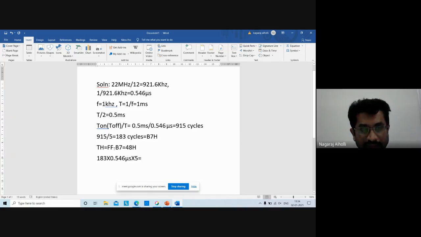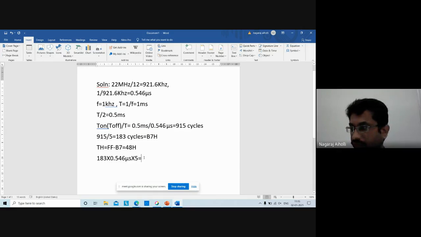183 is the starting value, B7. 183 counts it is making. For one count, time taken is 0.546 microseconds. Therefore, for 183 counts, it is 183 into 0.546. That repeats 5 times, because here we have divided 915 by 5 to get 183.